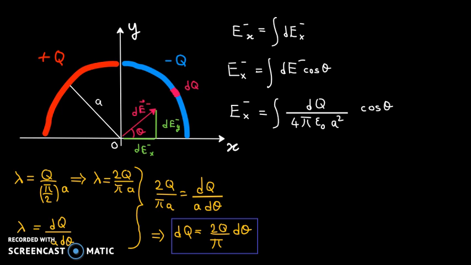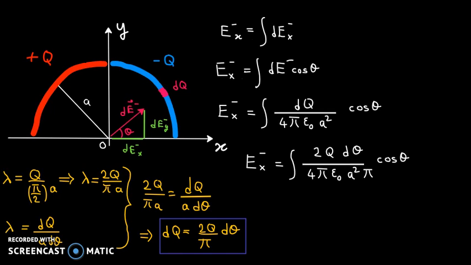Next, we go back to our integral and substitute for dq the expression that we just found involving d theta. And here's our integral expressed in terms of our integration variable theta. So it can be simplified a little bit, and I'm going to also pull out the constants. Also at this point, because our integral is now in terms of the integration variable, we can put the lower and upper bounds. So theta will run from 0 to pi over 2.